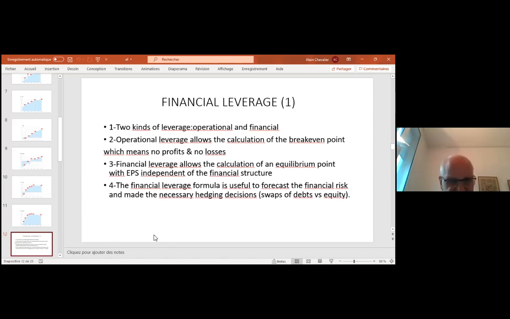It's quite simple in terms of basic calculation for the operational leverage.